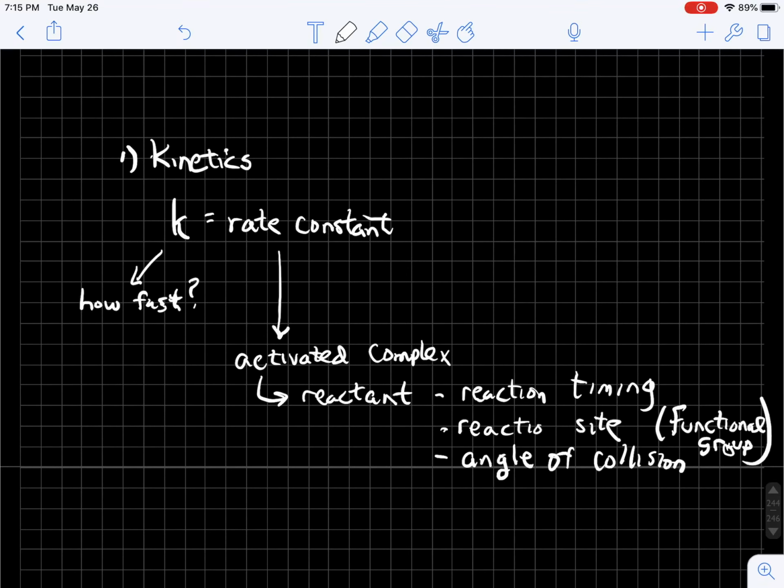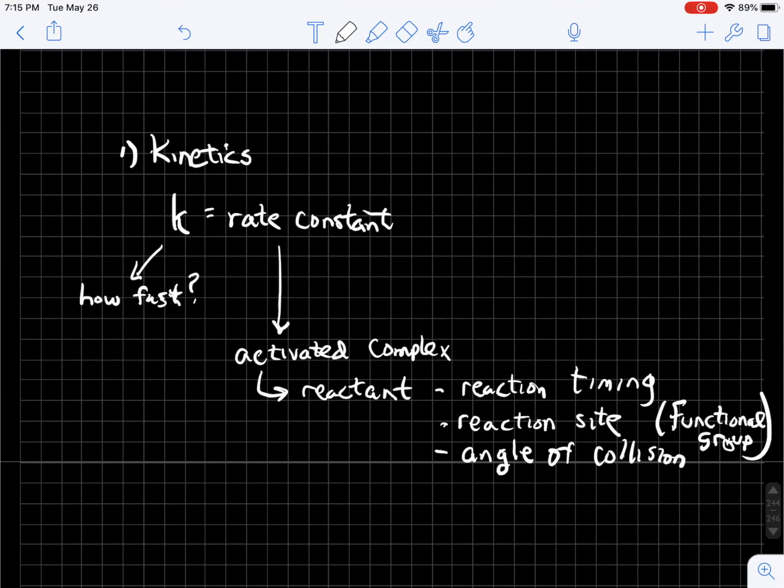Right time, right place, correct angle on the functional group, and it has to have enough energy to break bonds. So k considers that. And k also takes into account things like the amount of surface area for a reaction.